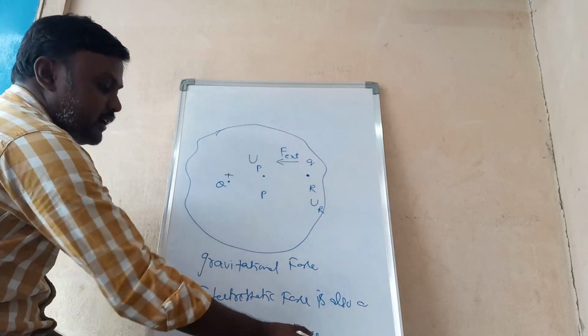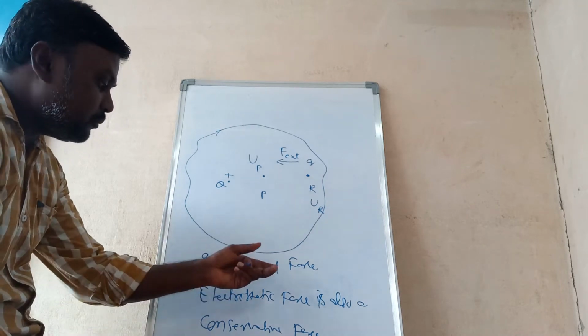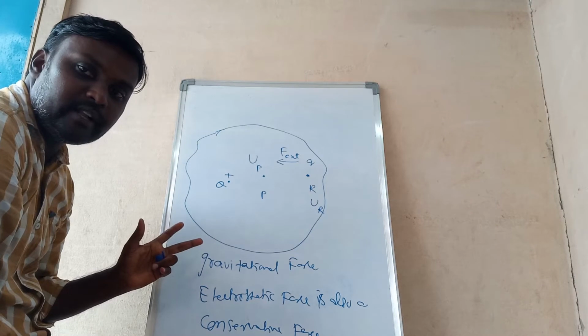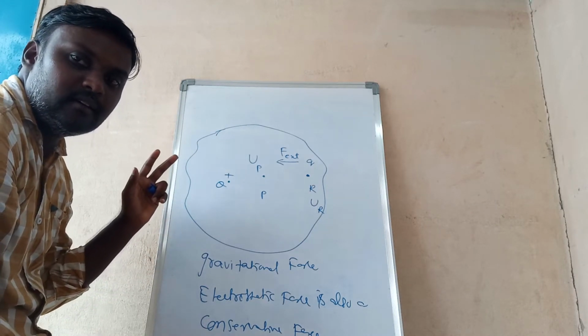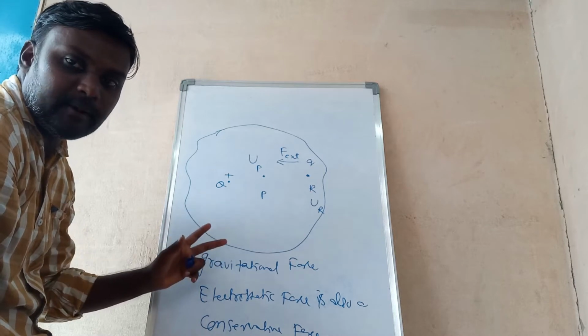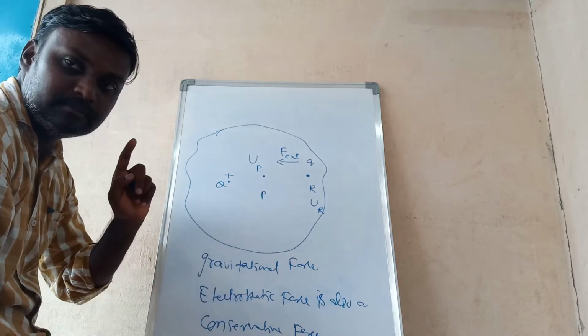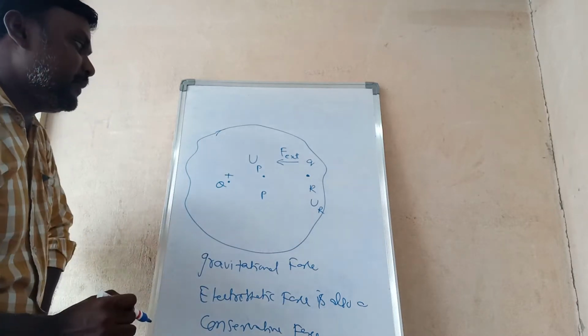In class 11 I already taught you about the conservative force, about the gravitational force, and this conservative force does not depend upon the path followed. It depends only upon the initial point and the final point. That is, if the work is done by the electrostatic force, the work done does not depend upon the path followed. Okay, let me clarify this one.